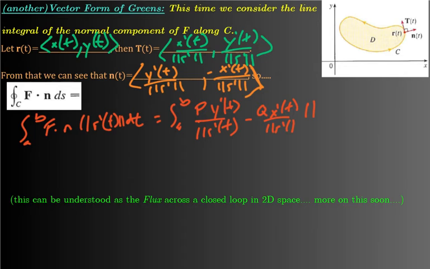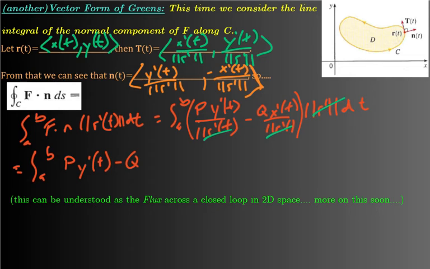And then again, we're just going to multiply all this stuff by magnitude of r prime dt. Okay, so now what this is saying, if I multiply that in, I'll kill off the r prime. And so I get p r prime of t minus q x prime of t dt.